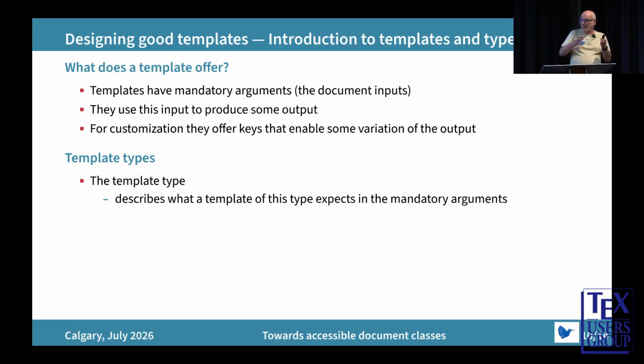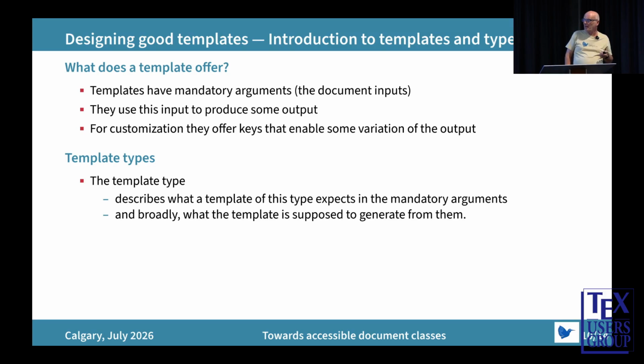The template type defines what kind of inputs are expected for this template, and what should be generated from them, roughly speaking. So a template for footnotes is for footnotes and not for headings, even if it has the same number of inputs, for example. So this is what the template type does.